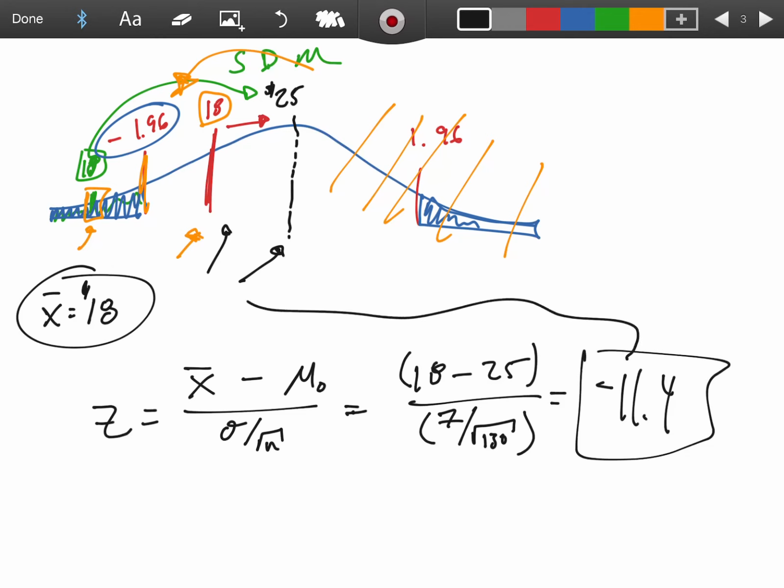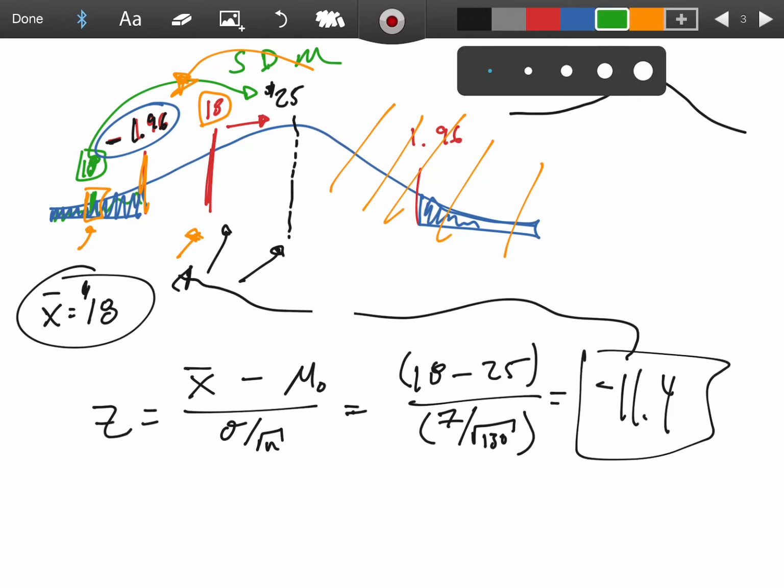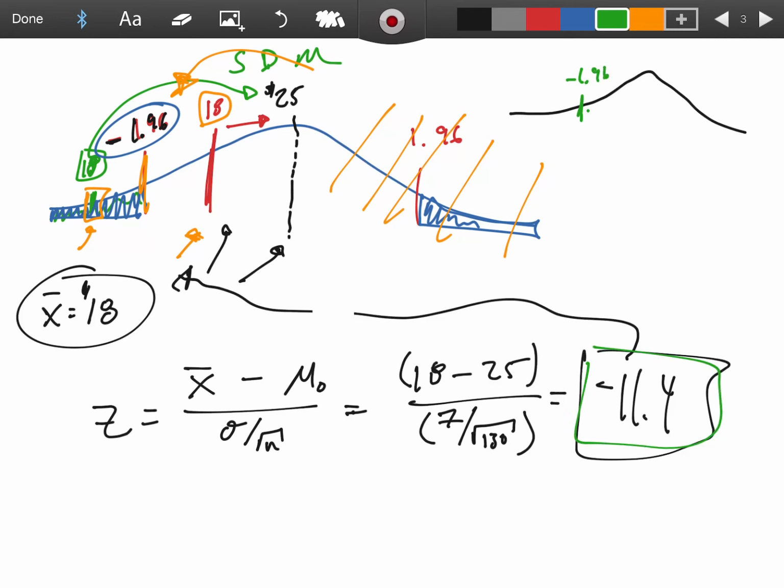So if you run this back over here, that's on the negative side, right? My critical value was right here at minus 1.96. So let me redraw my distributions. Here's the distribution. Imagine that right here is this minus 1.96, and this score of minus 11.4 is way out here.